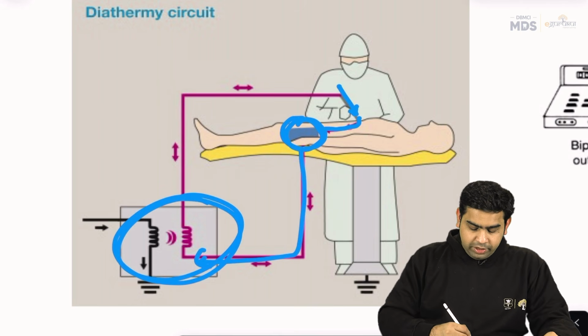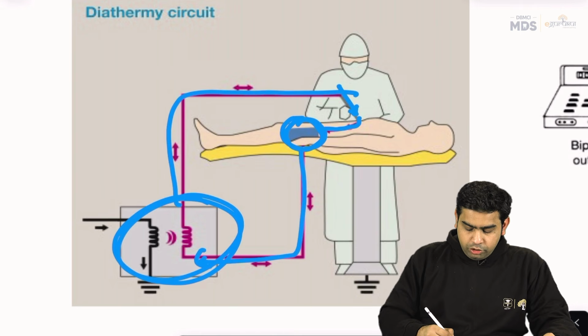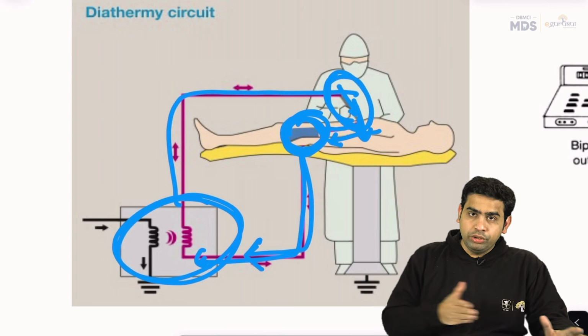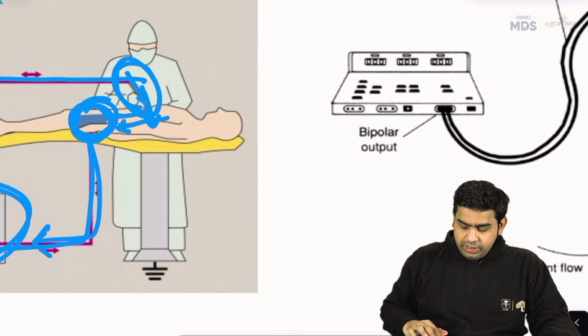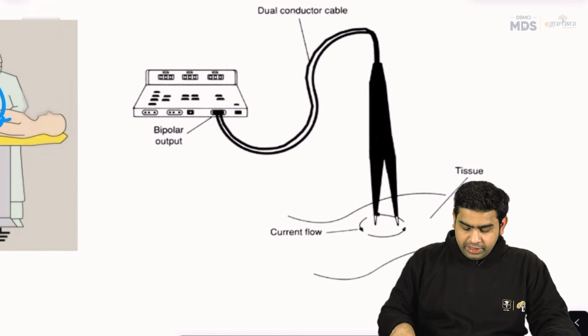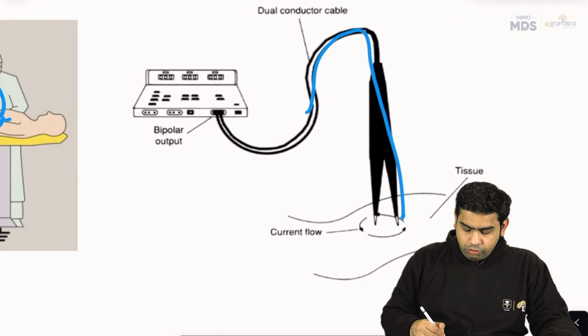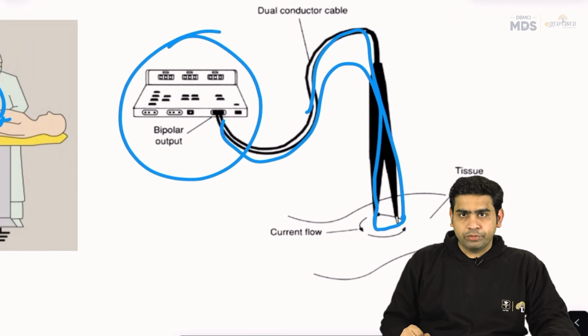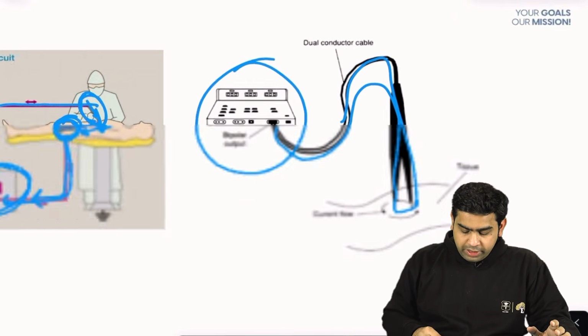So the current came from the cautery machine through the monopolar cautery, entered the patient's body, was picked up by the patient plate, and returned to the machine. In the bipolar cautery, current comes in through one prong, goes to the tissue, is picked up by the other prong, and is taken back to the cautery unit. This is the basic difference you need to understand.